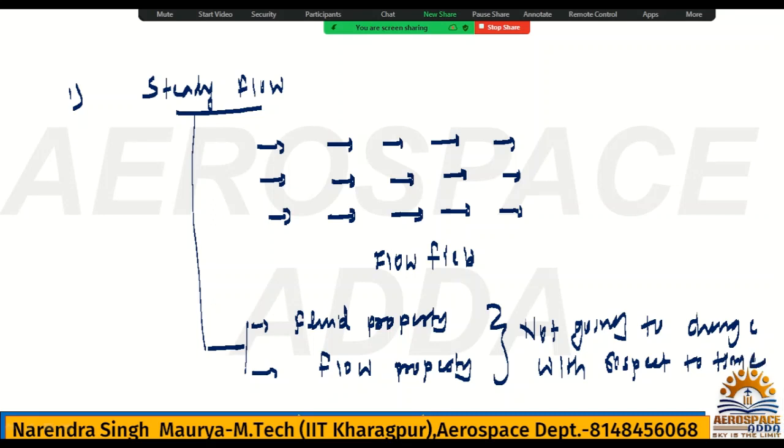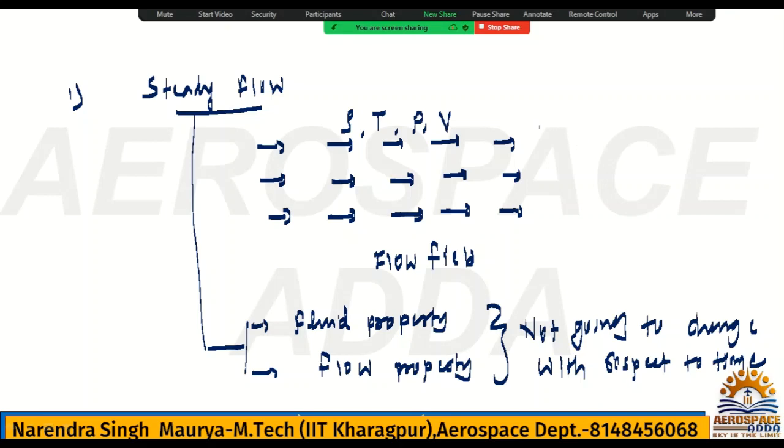If I say fluid properties like density, temperature, pressure, and similarly velocity, if these properties are not going to change with respect to time, it means they are constant.